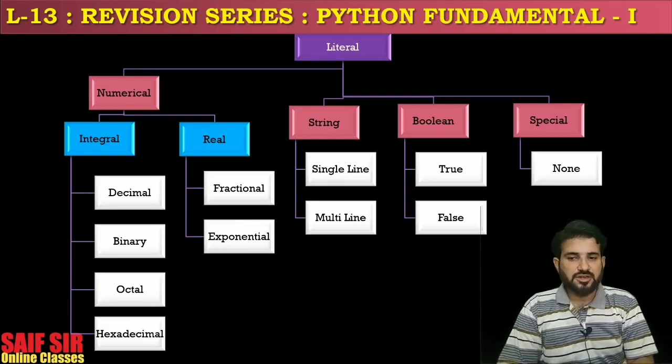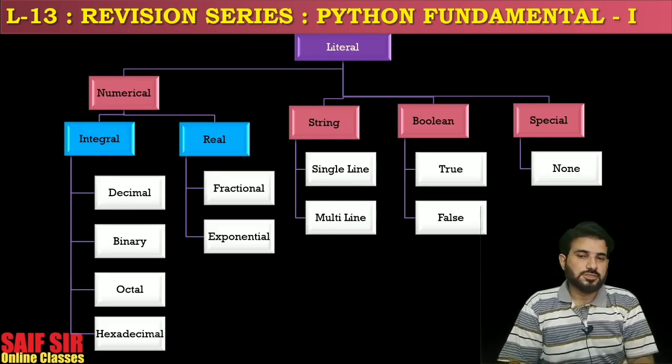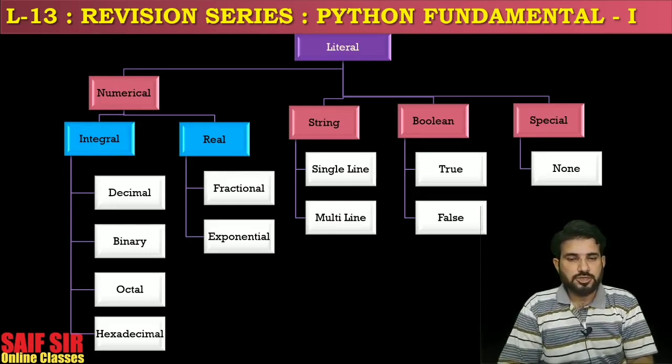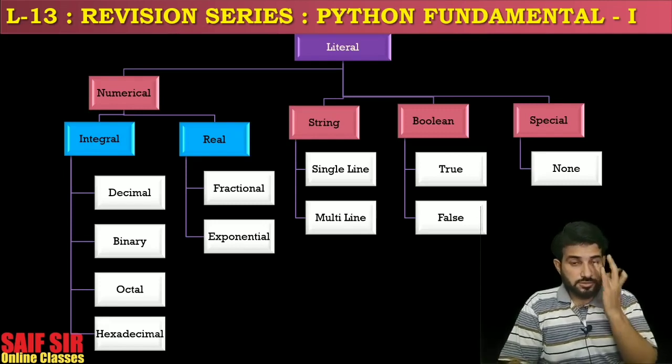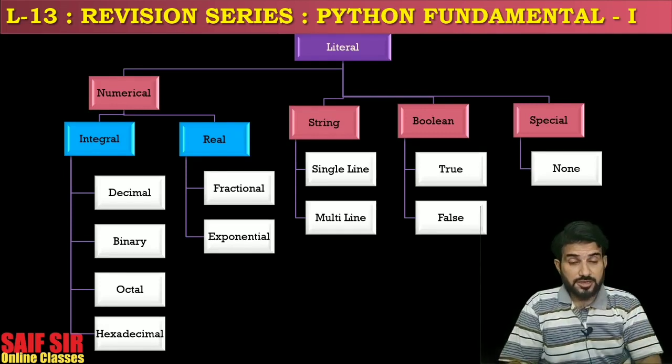Integer literals are divided into four further parts: decimal, binary, octal and hexadecimal. Mostly decimal literals are used in our daily life. Fractional literals and exponential literals are mostly used in scientific calculations and applications, and fractional is used in daily life, like the weight, the height, and temperature. String literals are of two types, single and multi-line, and boolean, true and false.